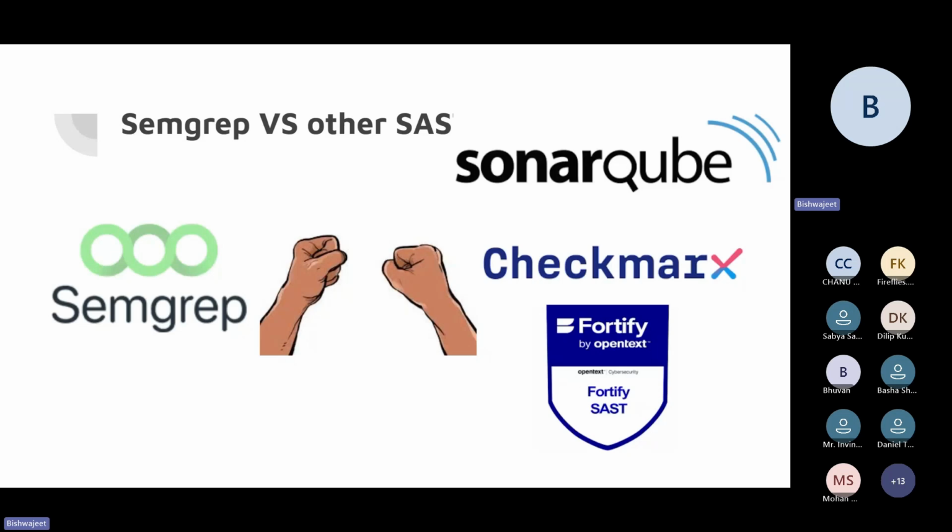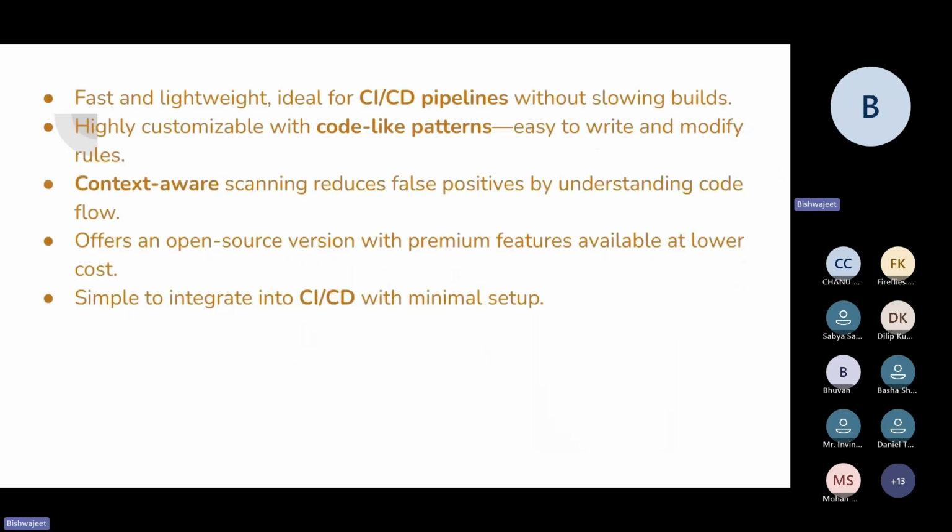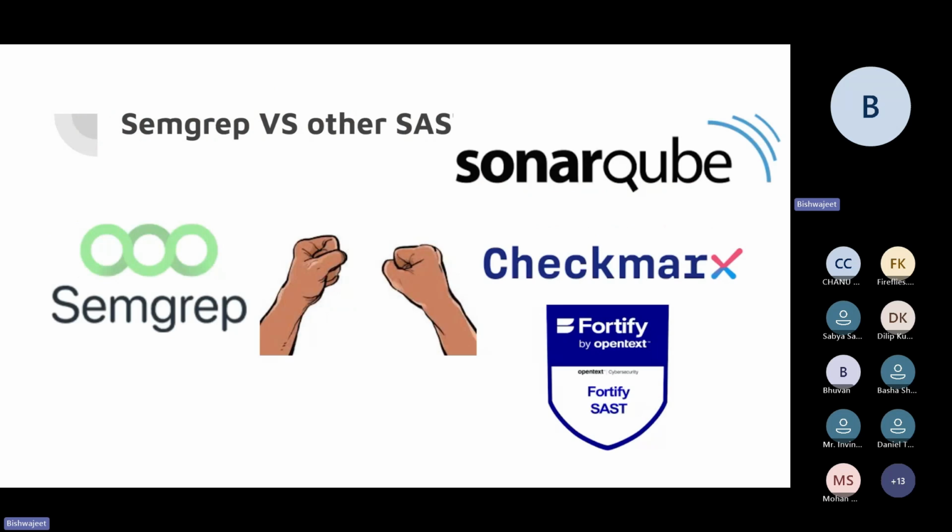The main reason is Semgrep is fast and lightweight, ideal for CI/CD pipelines without slowing builds. One thing about Semgrep is that it is very fast. The tools you saw, SonarQube, Checkmarx, and Fortify, take comparatively more time to run on the code and identify the vulnerabilities.